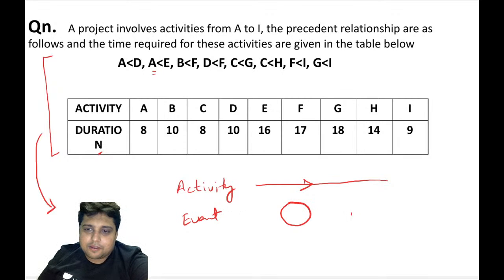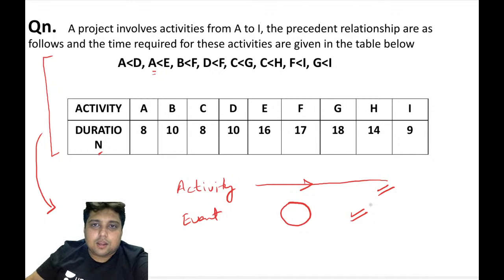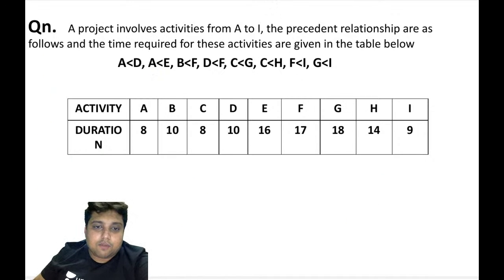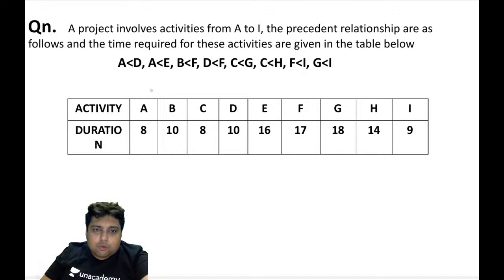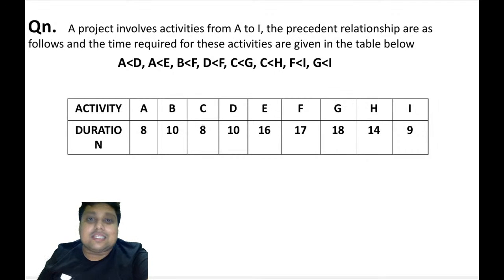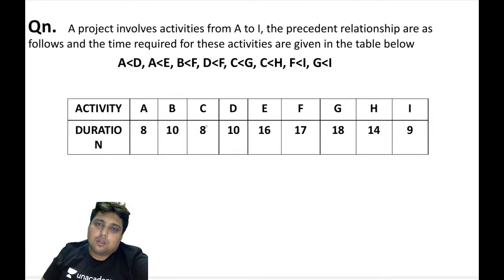Remember this part. Okay. Now let us make the network diagram. The first thing that we will have to consider while making the network diagram, we need to rank these activities. What does it mean, ranking these activities? You see, as it is mentioned that there are certain activities which are before certain activities.